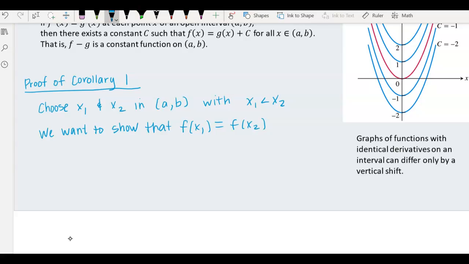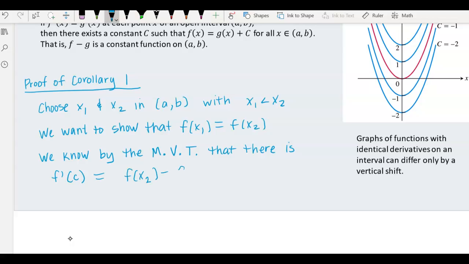So let's say we know by the mean value theorem that there is some point c where the derivative is equal to the slope between those two points, right? f of x2 minus f of x1 over x2 minus x1.